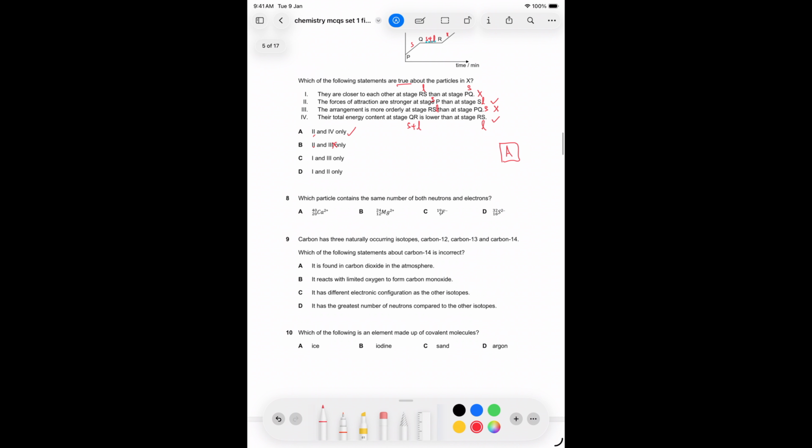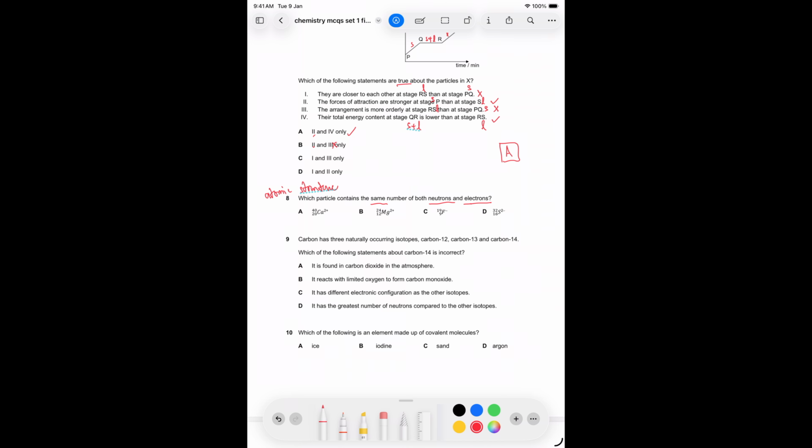Next one. Which particle contains the same number of neutrons and electrons? So this will be under your atomic structure. The best way to do this type of question is to just list down the number of protons, neutrons, and electrons for all the 4 options.